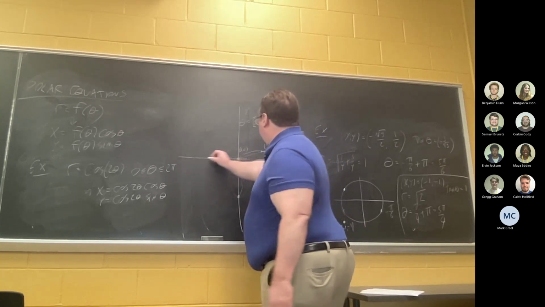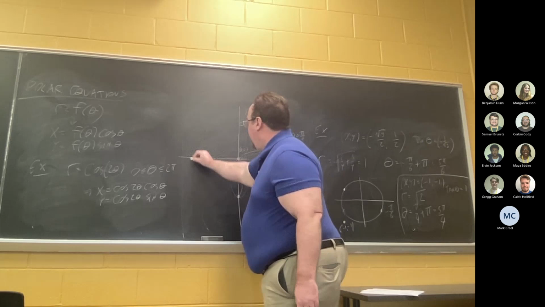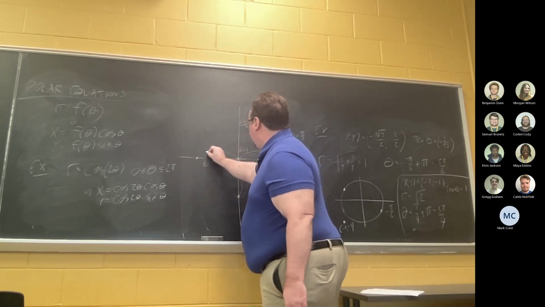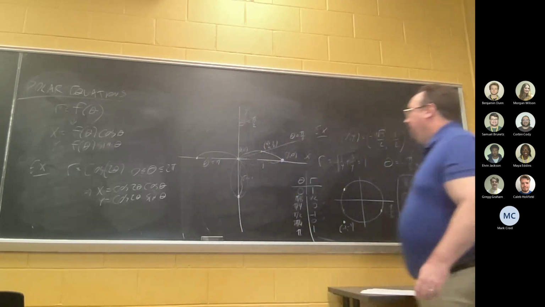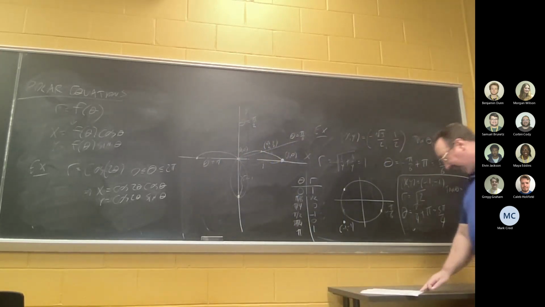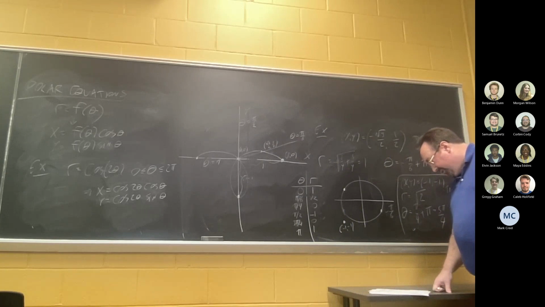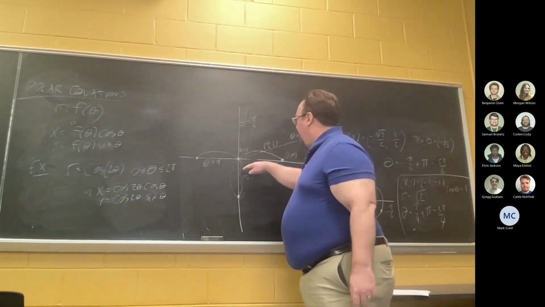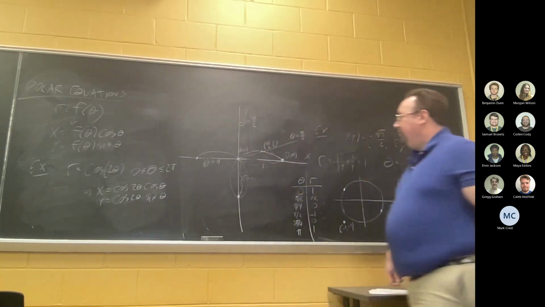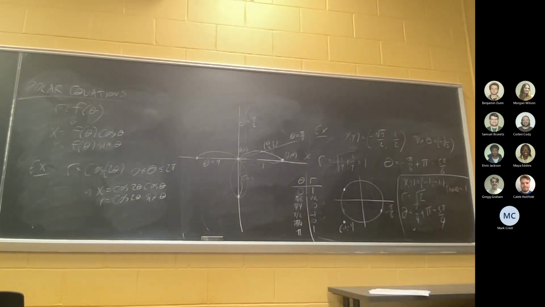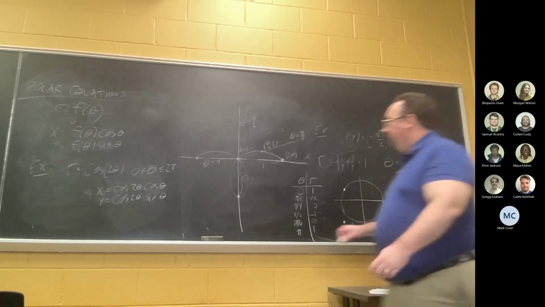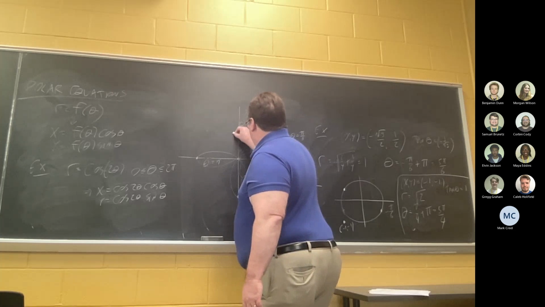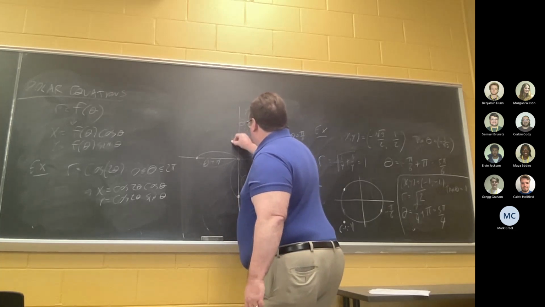And then at theta equals pi, we're out here going a distance of 1. So now it's going to look like that. It's going to keep spiraling around. I'm going to get 4 petals in the end. So that went all the way to 2 pi. Then I end up with that.